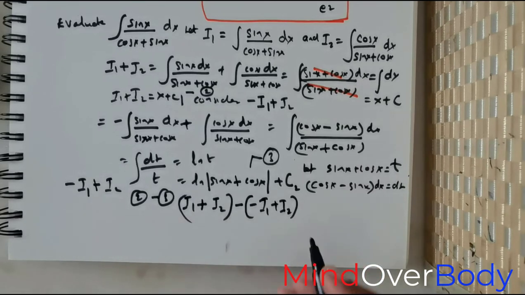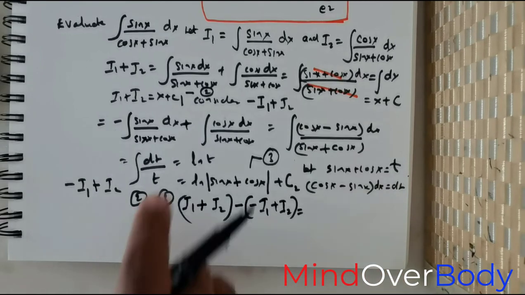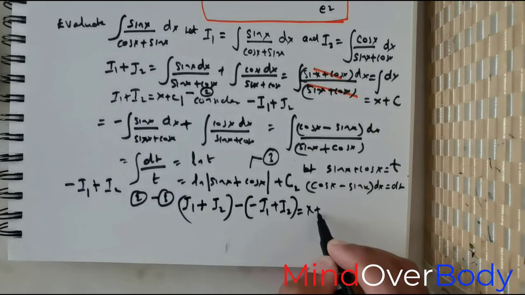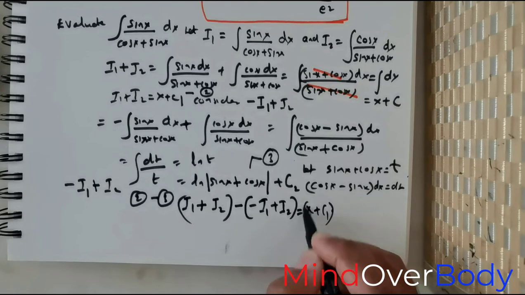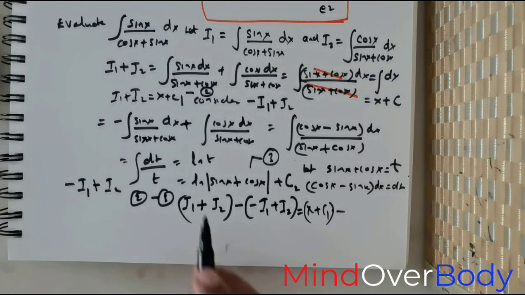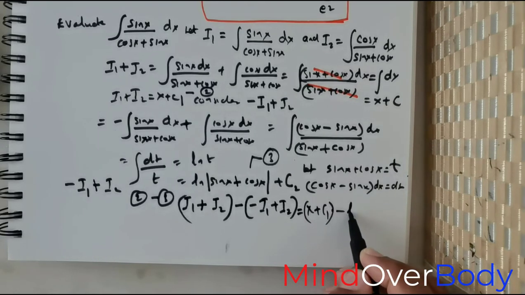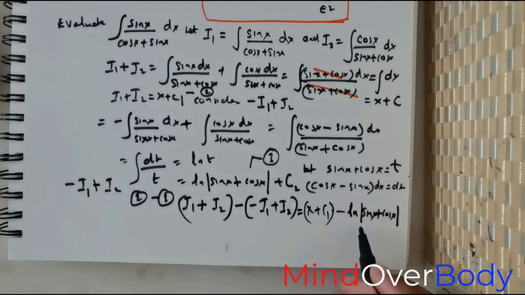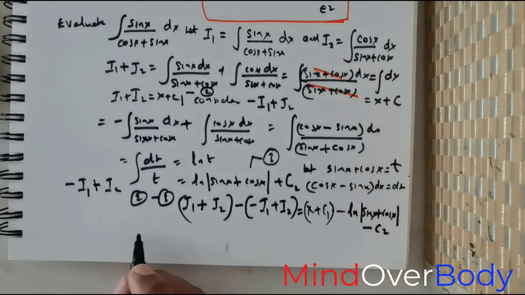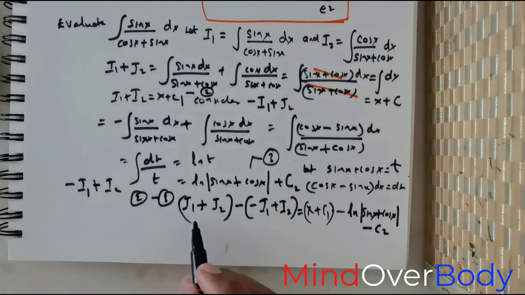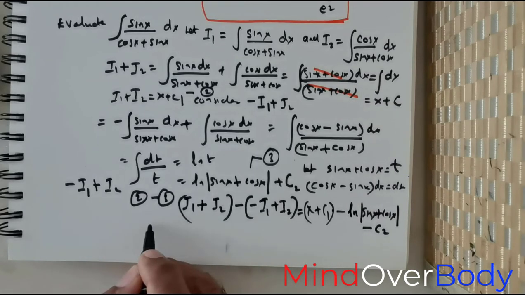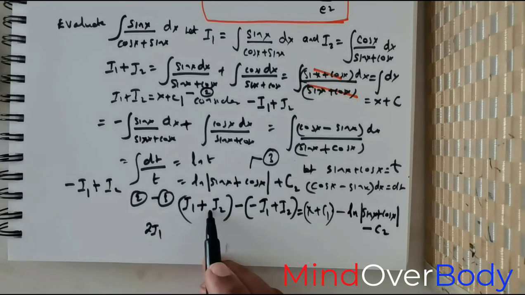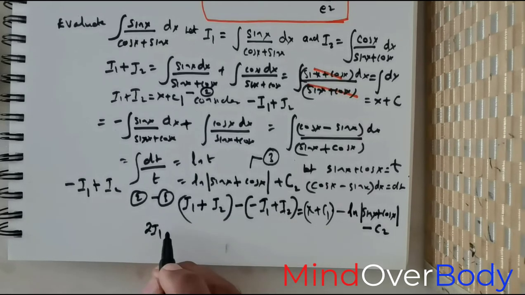This is for the left hand side, which is equal to the first quantity, x + c1, minus the second quantity, which is ln of the modulus of sin x + cos x, and of course minus c2. Now what happens here, I1 can be added with I1, so it's going to be 2 times I1, and I2 minus I2 gets annihilated.